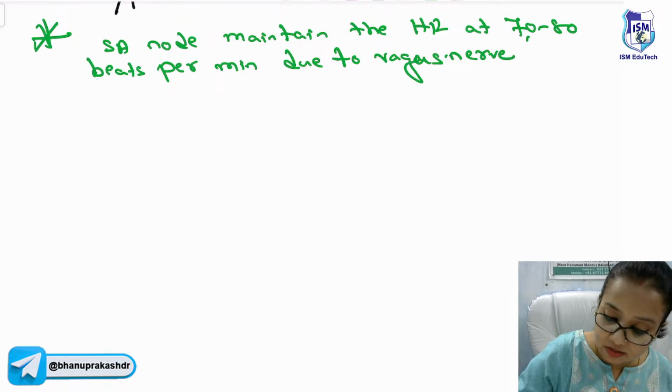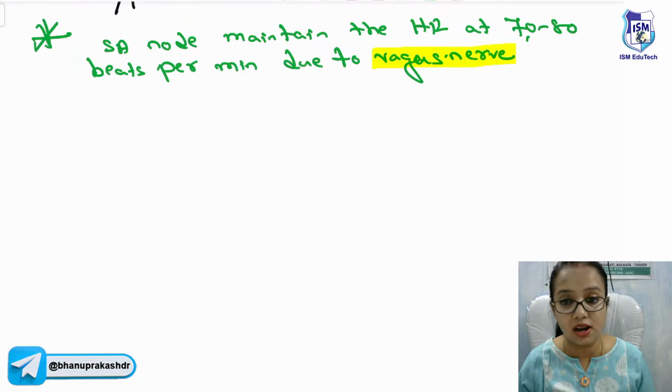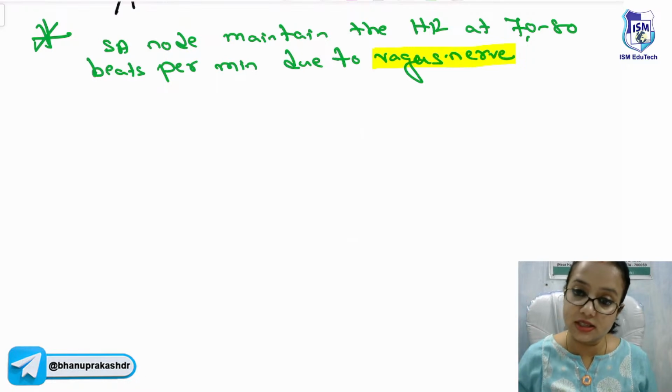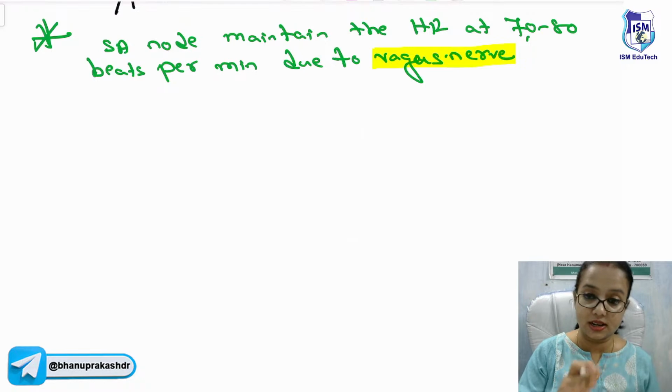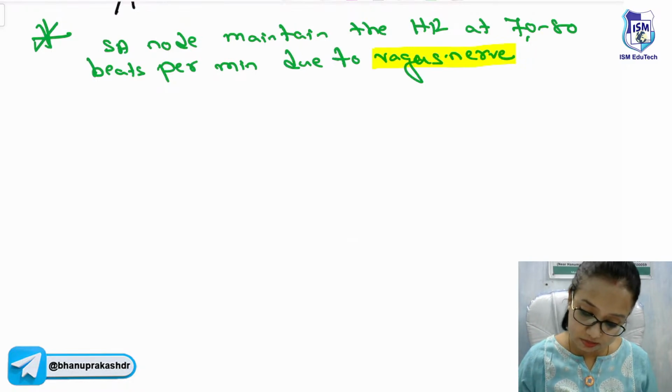Now, vagus nerve innervates the structures of the cardiac muscle. It is present in the heart also. So, it is because of the vagus nerve, instead of the SA node discharging the impulse almost 100 times, it maintains at a rate of like 70 to 80 times. This is one point.